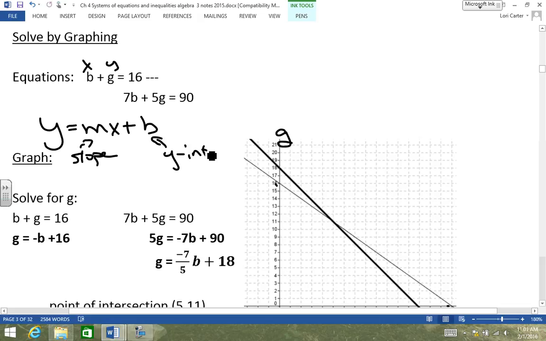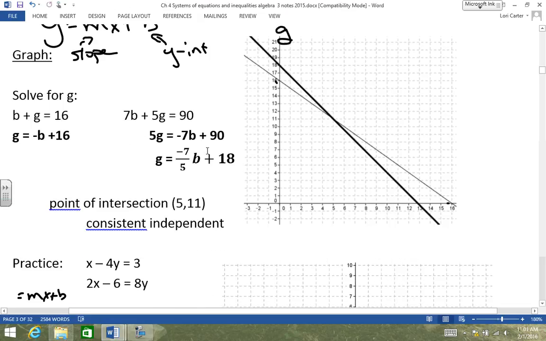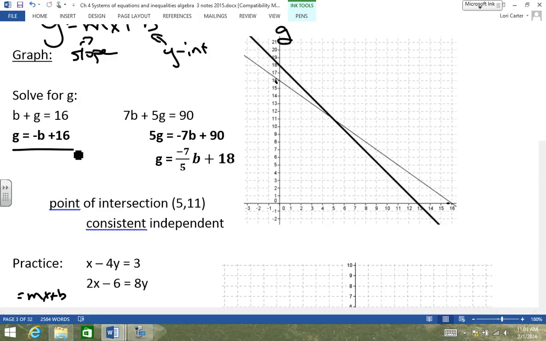So for the first one, to solve for G, we subtract the B. So what's my y-intercept? 16, and you're going down. Down how far? Down 1 over 1. So I'm going to end up at 16 over here, and you draw your line.